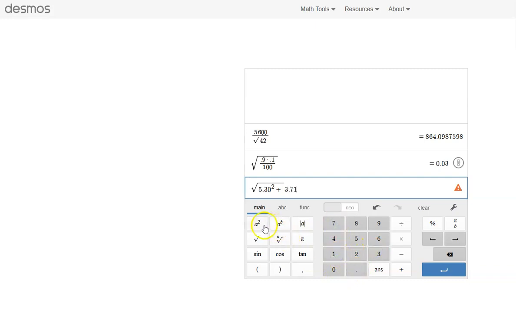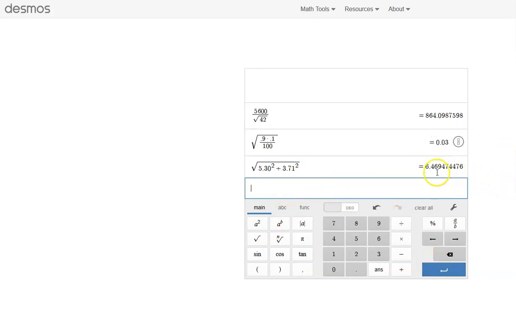Oops, see, you got to be careful. It's got to stay inside of that square root. So make sure everything stayed in the square root. And your answer is 6.46947. I'm going to go 6.4695.